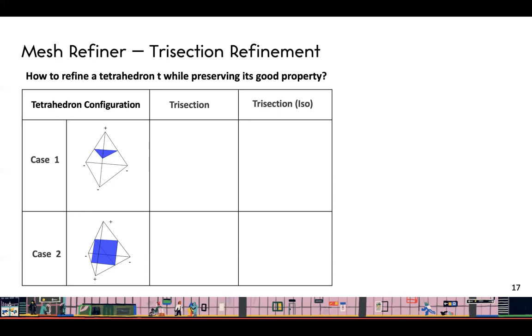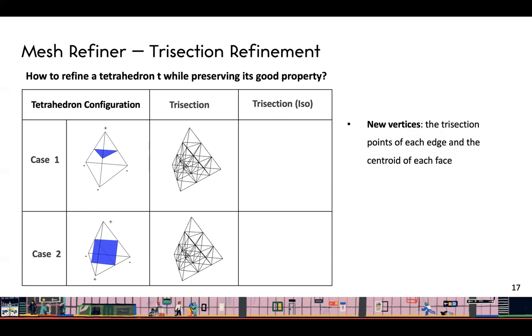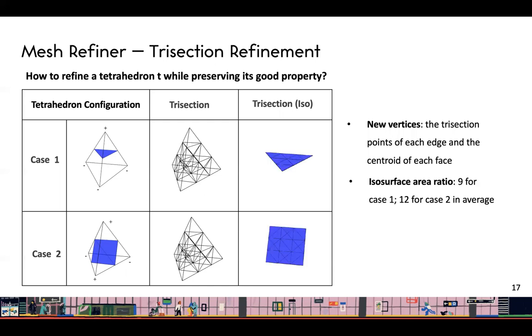We'll treat them separately. The first schema is trisection refinement. For tetrahedra to be refined, we add the trisection points of each edge and the centroid of each face into the triangulation. For case 1, the refinement results in 9 isofacets inside the original tetrahedron.